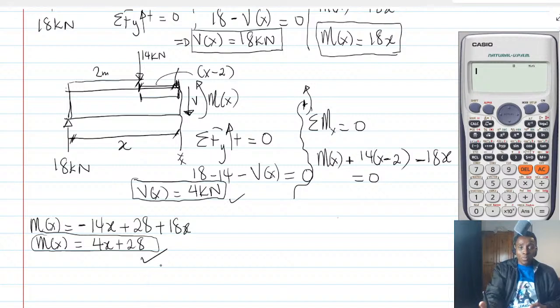Okay, we are going to plot it, but at this point we just want to find the shear force and the bending moment, so that once we start drawing, it will be easy for us. Now the last part, so don't forget that the x in this case is from 2 to 5.